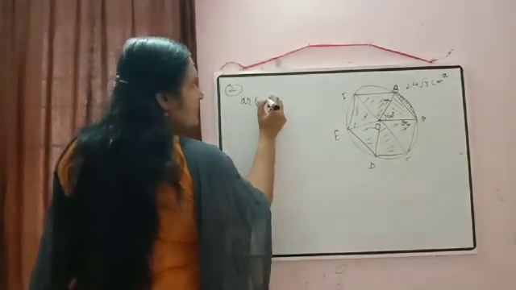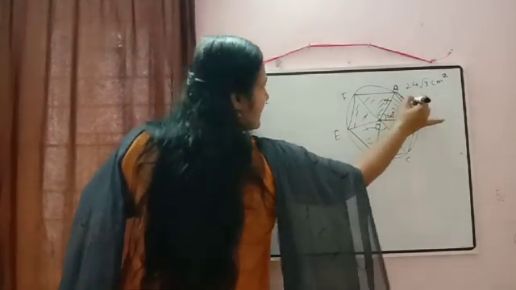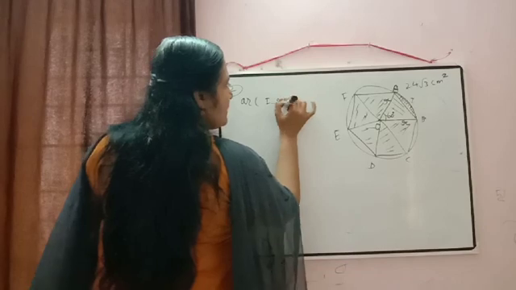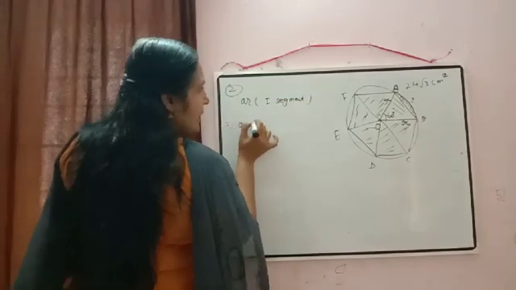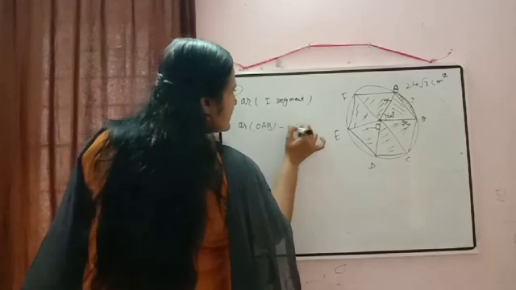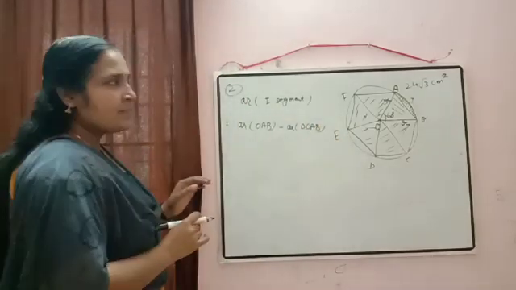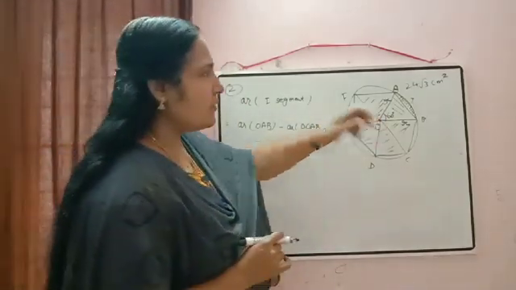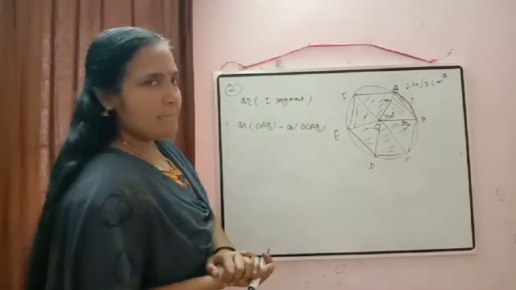Area of first segment is equal to area of sector OAB minus area of triangle OAB.